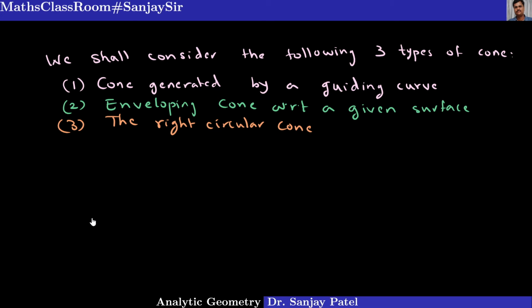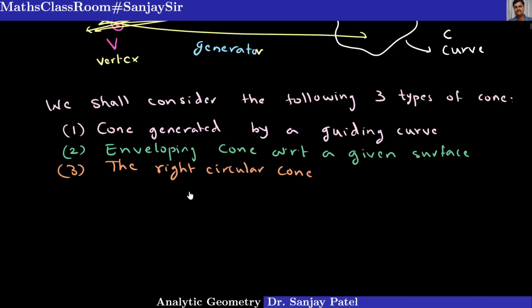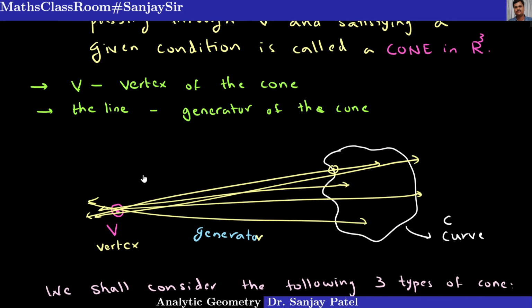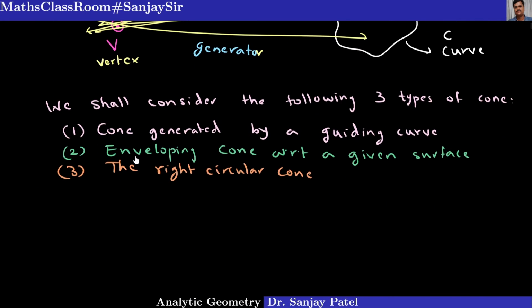Remember, after completing the topic of cone, we are also going to learn the concept of cylinder in R3, and it is also defined in a similar fashion. We also have the same three types of cylinders: cylinder generated by a guiding curve, enveloping cylinder, and the right circular cylinder. So we are going to study three types of cylinder as whatever we are discussing here.